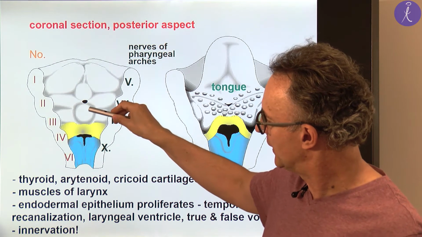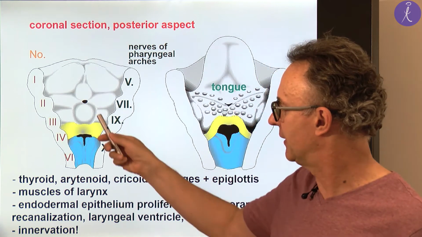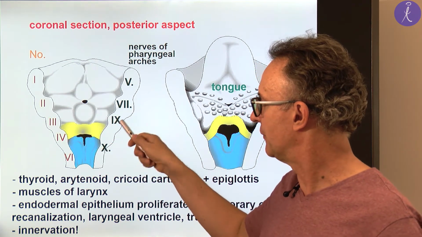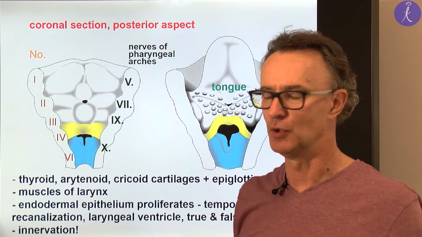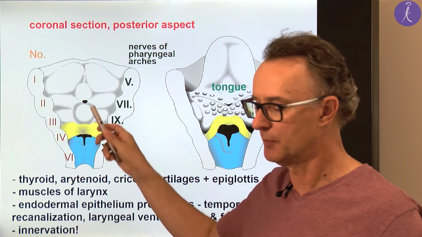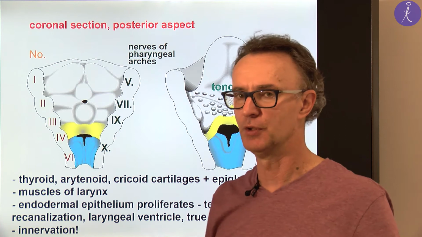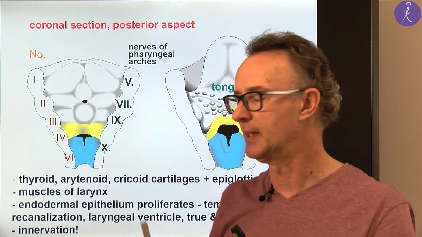The copula, which is the proximal part of the mesobranchial area, corresponds to the third pharyngeal arch, the nerve of which is the glossopharyngeal nerve, and that's why it's logical that the root of the tongue, which is formed from this area, is innervated by the glossopharyngeal nerve, both the somatosensory and the viscerosensory parts, so the taste.